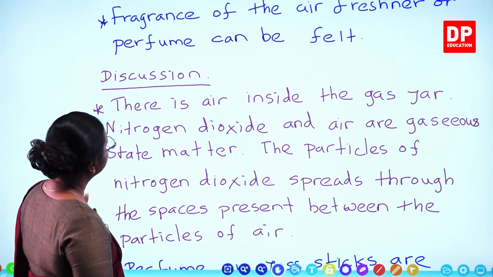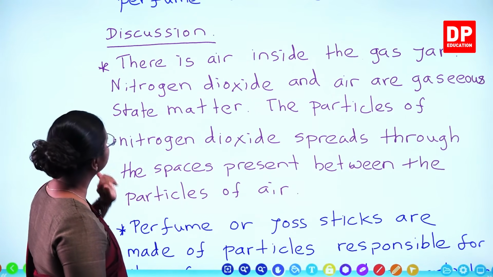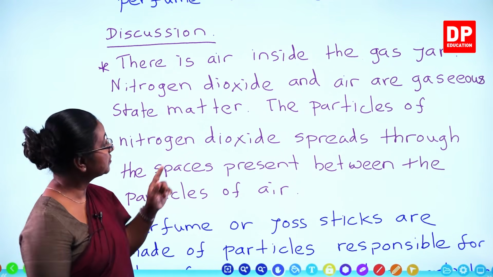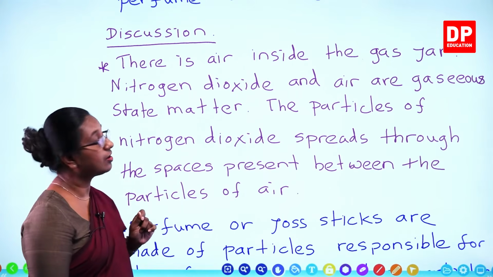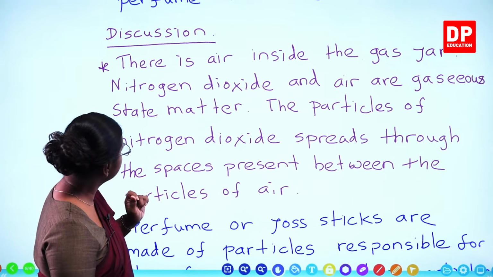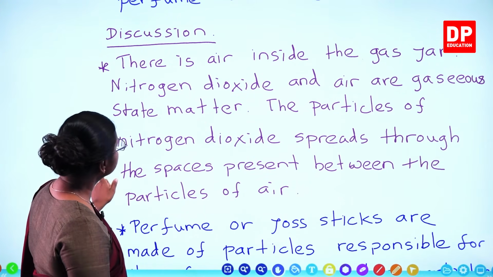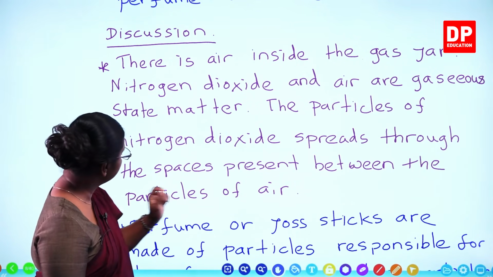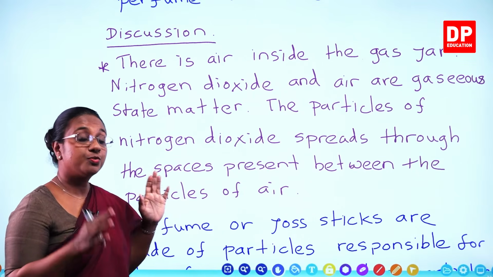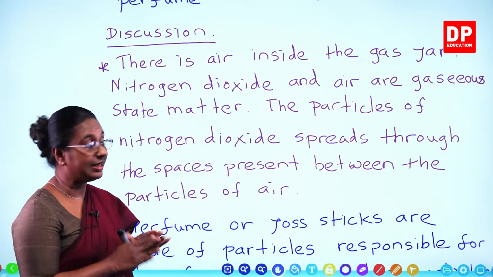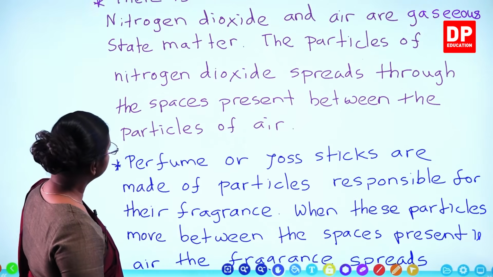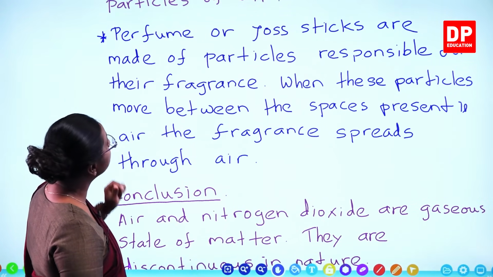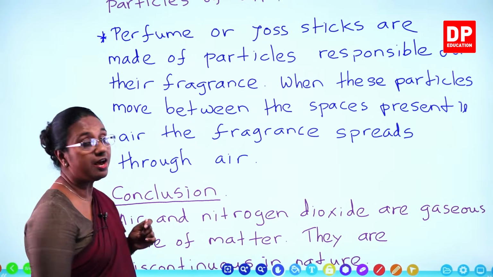So from that, we came to this discussion where we said there is air inside the gas jar. Nitrogen dioxide and air are gaseous state of matter, and the particles of nitrogen dioxide spread through the spaces present between the particles of air. So both of them are particulate in nature. And also the perfume or joss sticks are made of particles responsible for their fragrance.